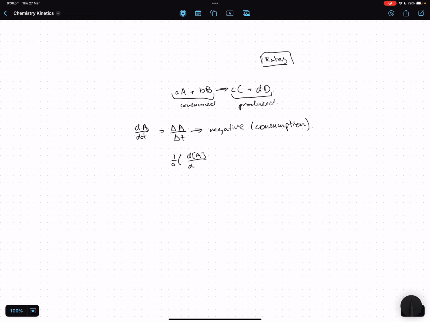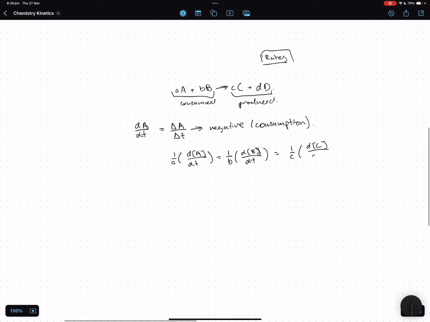So the rate equals negative 1 over a d[A]/dt, equals negative 1 over b d[B]/dt, equals 1 over c d[C]/dt, equals 1 over d d[D]/dt.